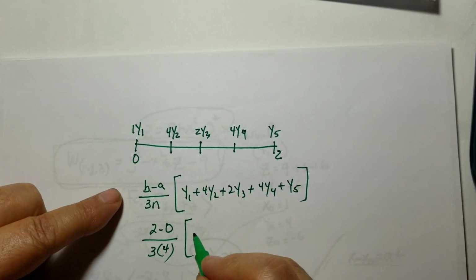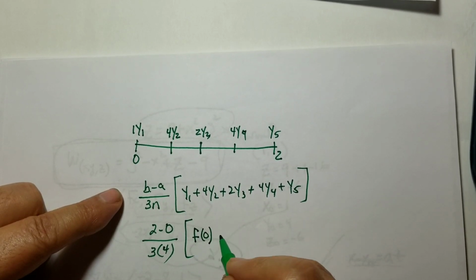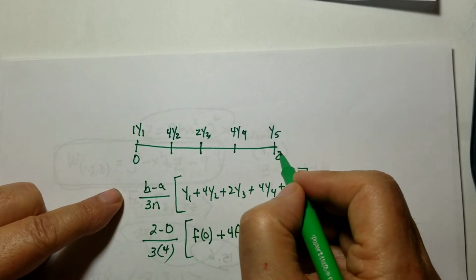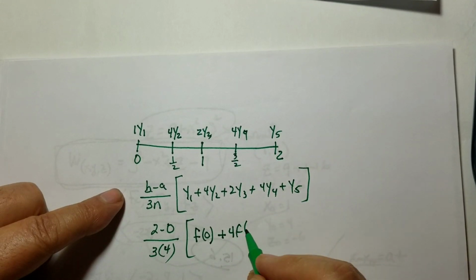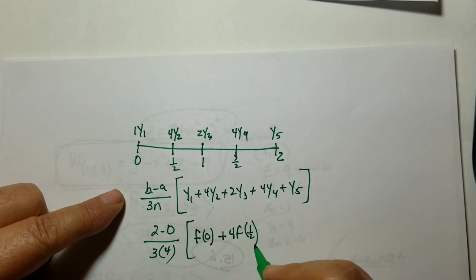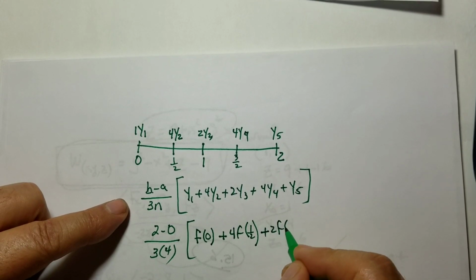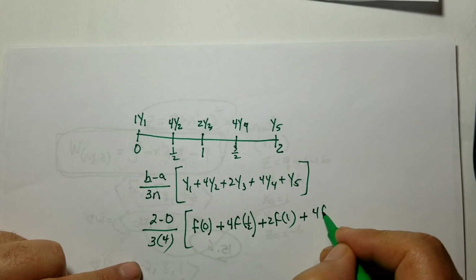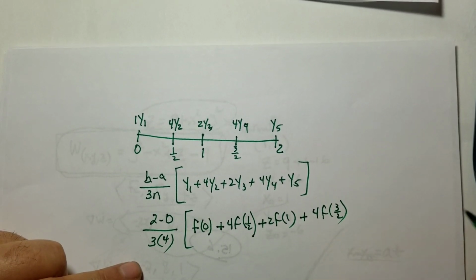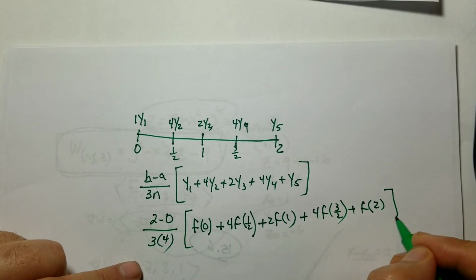This one is f of 0 plus 4 f of, if this is 0, this is 2, this is 1, this is 1/2, this is 3/2. 4 f of 1/2. Next, 2 f of 1. 4 f of 3/2 and 1 f of 2.